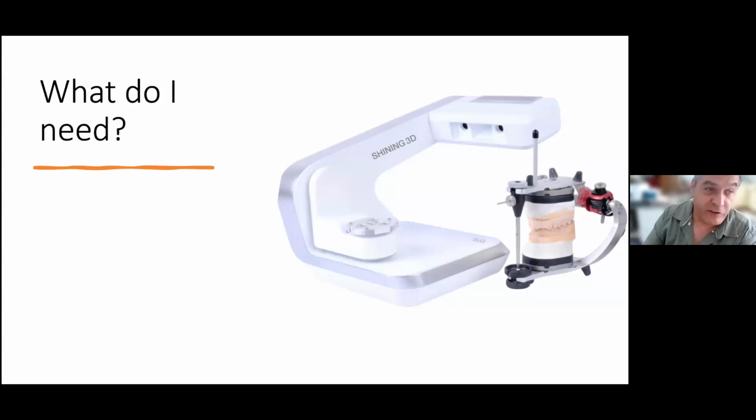Let's jump into the digital world. We will come back to the numbers later again. What do we need? We definitely need a scanner, like I said in the beginning, because we have to bring our analog models into the digital world. There are tons of different scanners out there.